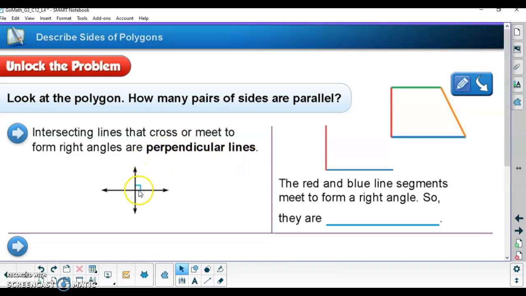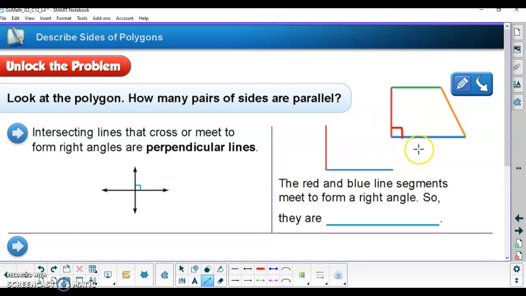Perpendicular lines. So we can see over here in our same shape, that orange and blue line were intersecting lines. The red and blue lines together are also intersecting lines, but right here we form that right angle.